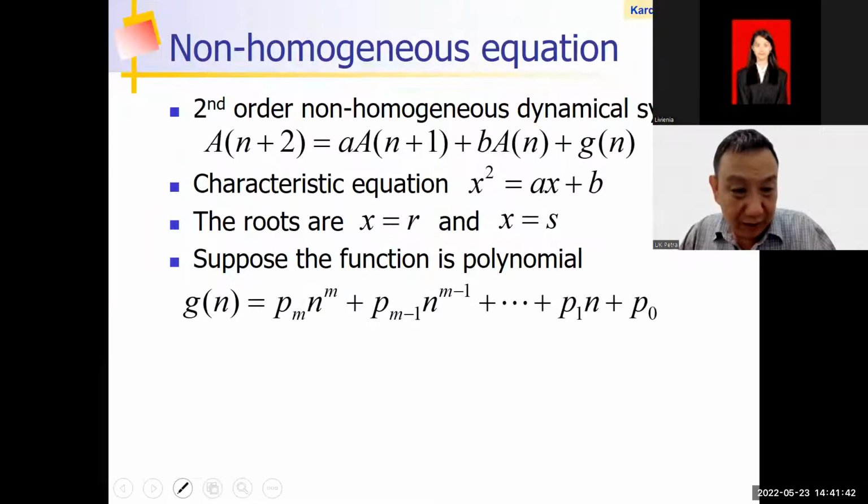So when are you going to have Gn in here? This is the force. The Gn can be in this form, polynomial. So this is the U. Now, in the next slide, this is the U. The An here can be X, can be Y.